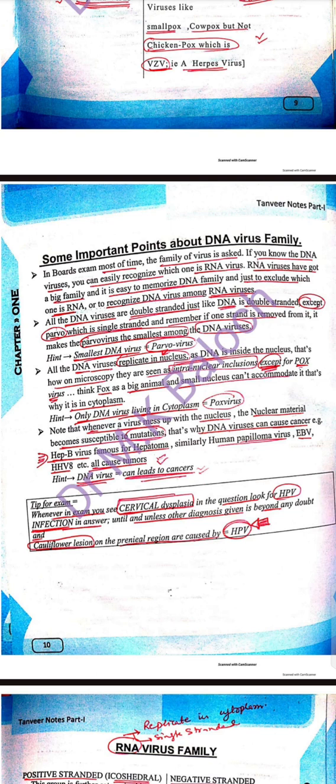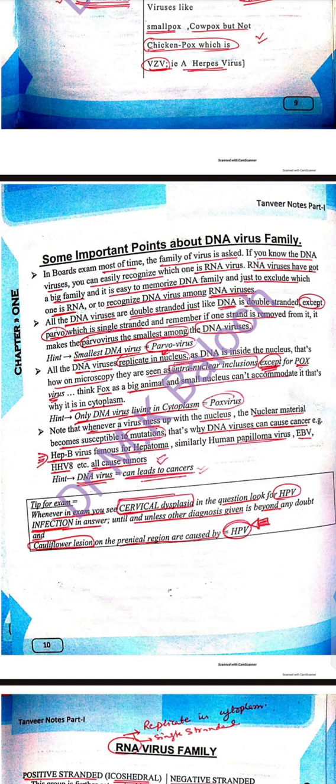And remember, if one strand is removed from it, it makes the parvovirus smallest among the DNA virus. So parvovirus is single stranded and smallest DNA virus. Hence, smallest DNA virus is parvovirus.